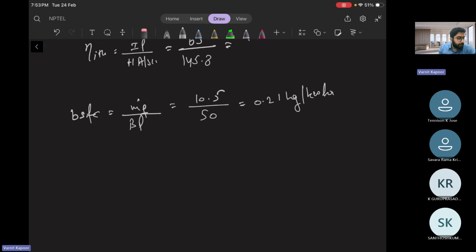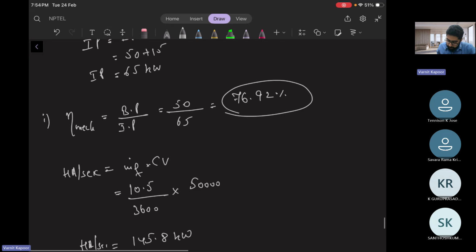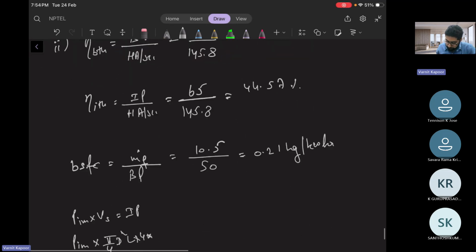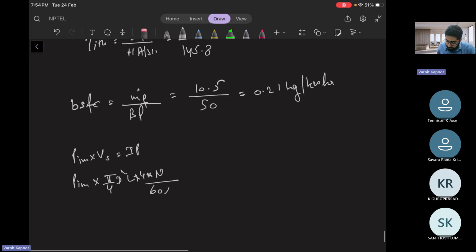Then, from here, indicated mean effective pressure times swept volume is indicated power. You know the swept volume, pi by 4 d square L into N by 2 into 4, and the indicated power was 65 kilowatt.